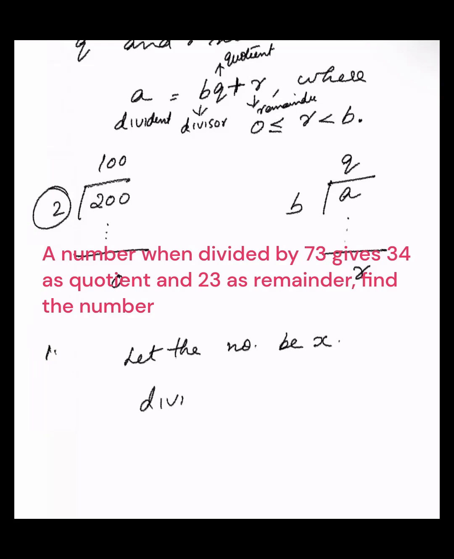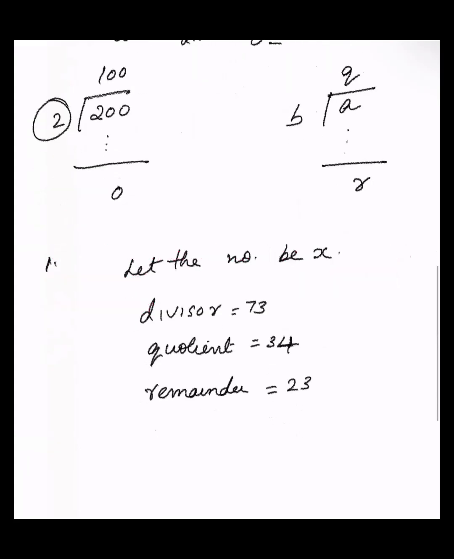So divisor is 73. Quotient is 34. And what is the remainder? Remainder is 23. Okay, find the number.